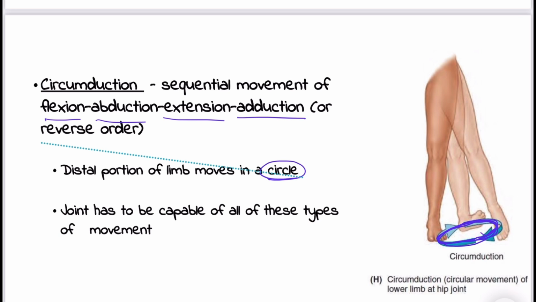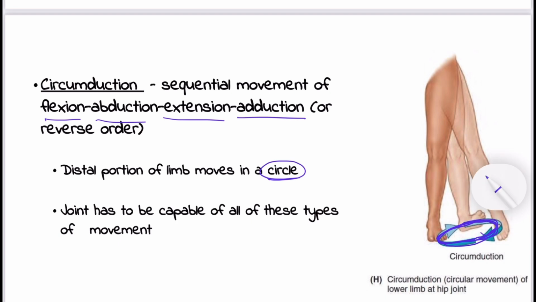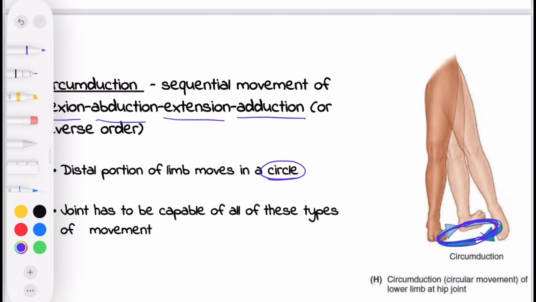And the way that I remember circumduction and what it does is that I remember the circumference of a circle. It just goes back to math class when we were learning about circumference and radius. And that really helps me remember what circumduction does.